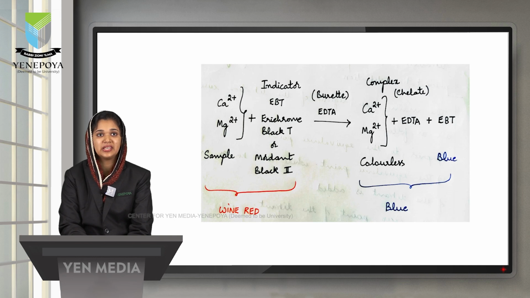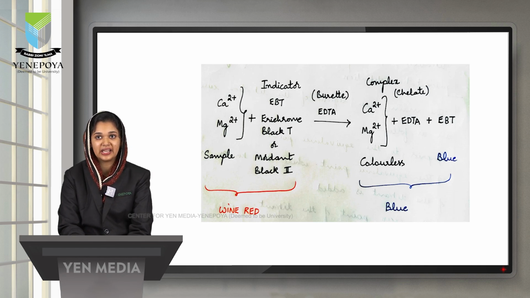For example, you can see here the calcium and magnesium is taken in the conical flask. To this, if we add an indicator, the indicator will initially form a bond with our calcium and magnesium, or a complex will be formed between indicator and metal ion whose color will be wine red. Then once we start the titration, the EDTA will replace the indicator from the calcium indicator complex. A new complex between EDTA and metal will be formed and our indicator will be left alone.